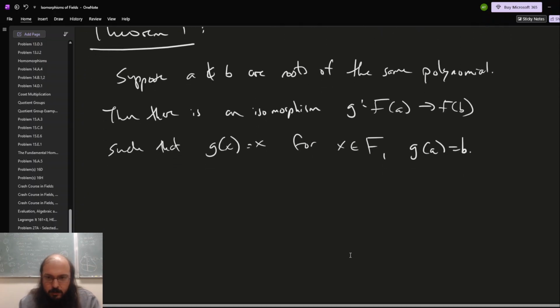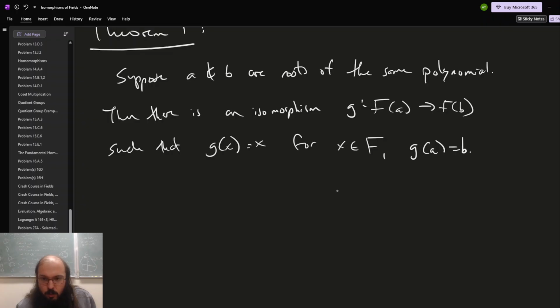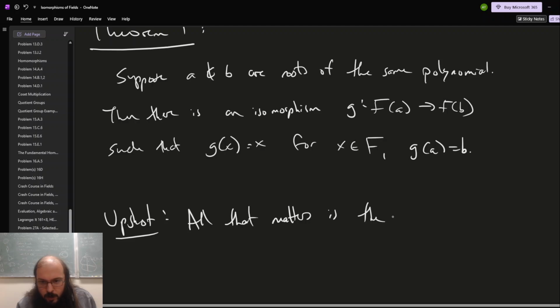The point is, we're moving in the direction of what are called field automorphisms, just like for group automorphisms. And so what this tells me here is that really all that matters is the polynomial, right? Upshot. All that matters is the irreducible polynomial.